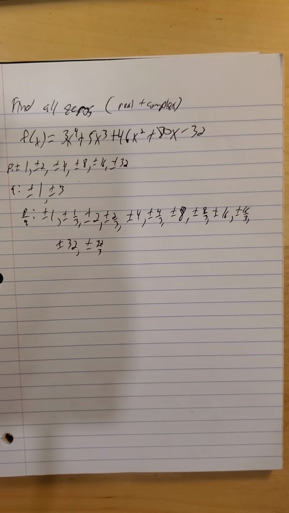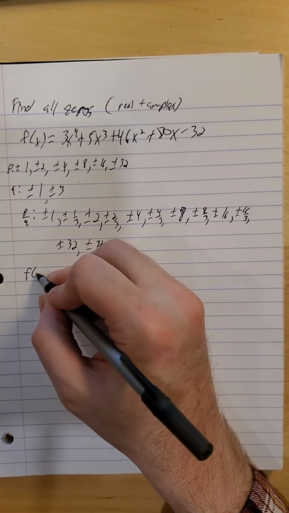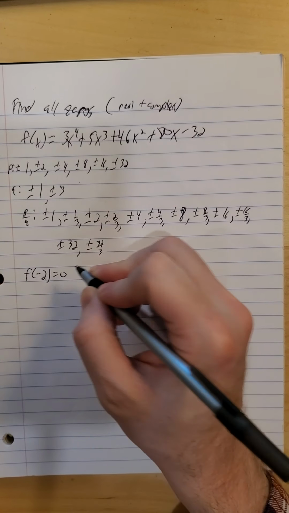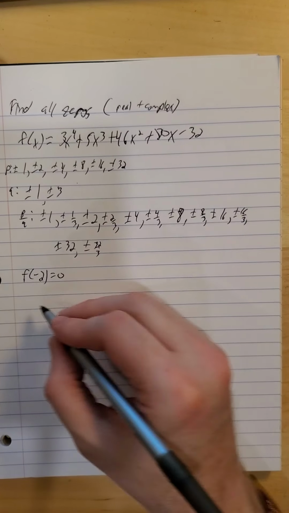On this one, we start plugging and chugging, and eventually we hit on f of -2 being worth 0. So that's just plugging into the calculator, you'll find that value.